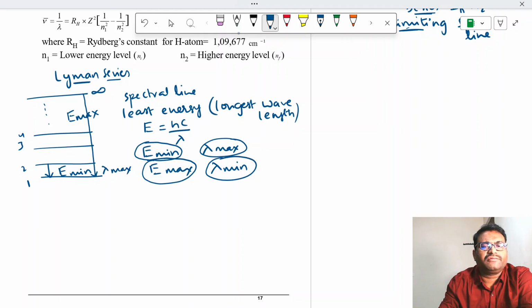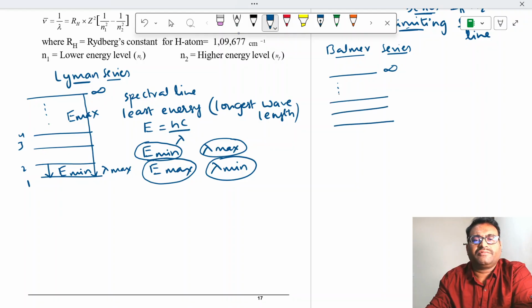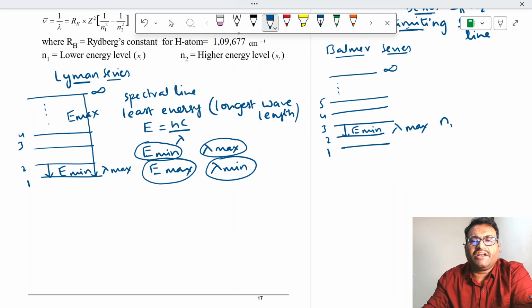For example, if you consider the same way the Balmer series, 1, 2, 3, 4, 5, infinity. Energy minimum will be the 3 to 2 spectral line, so lambda will be maximum. So N1 is equal to 2, N2 is equal to 3.